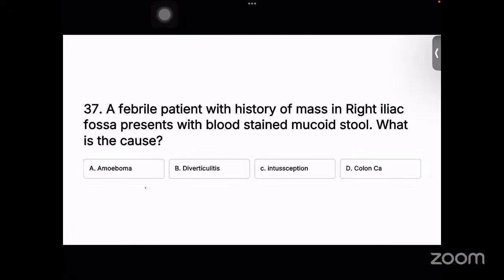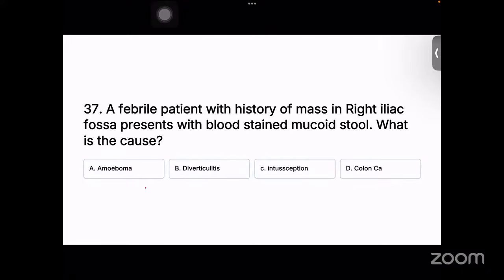Okay, next, a febrile patient with a history of a mass in the right iliac fossa with blood-stained mucoid stools. What is the cause? Amoebic colitis with Entamoeba histolytica forms inflammatory granulomas with a mass.